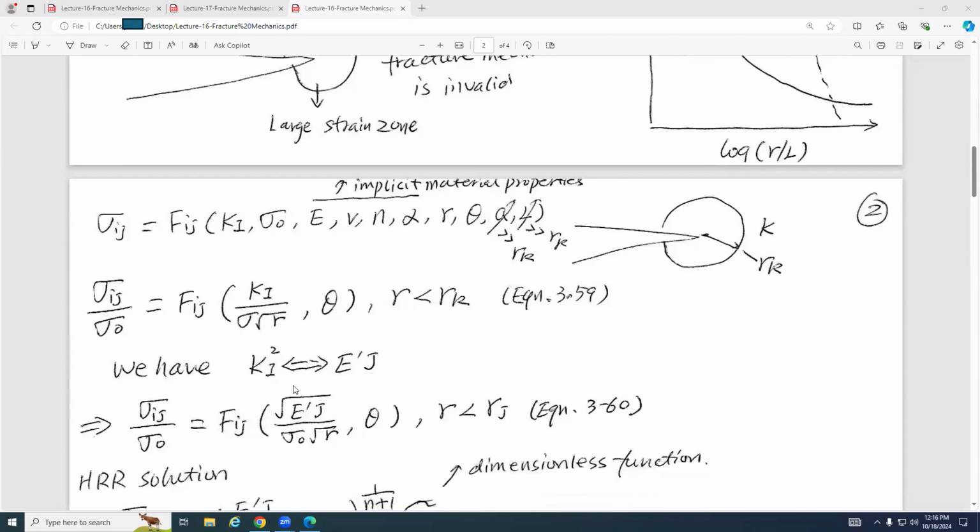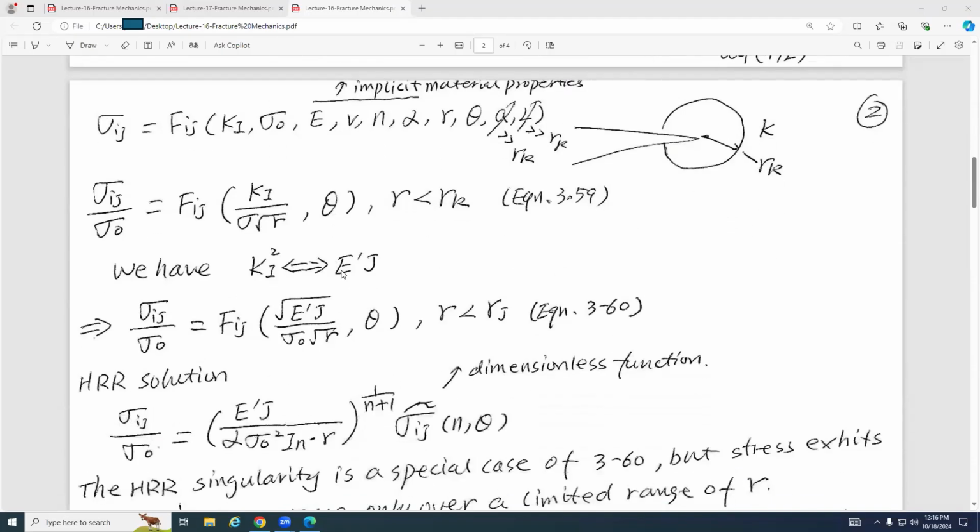Okay, so we know that Ki can be related to E prime multiplied by J, and you can put J here.